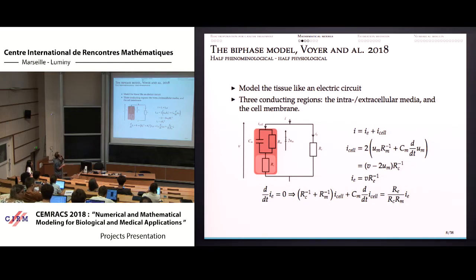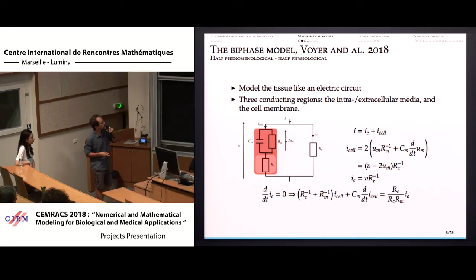The cell membrane, the inside of the cell, and the extracellular medium all have a given resistance, and we also model the membrane with a given capacitance. This corresponds to the fact that charges can accumulate on the membrane.